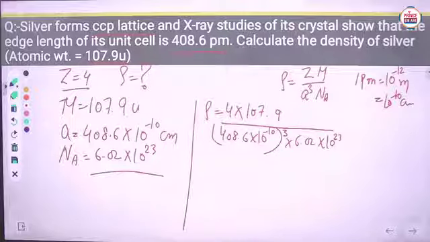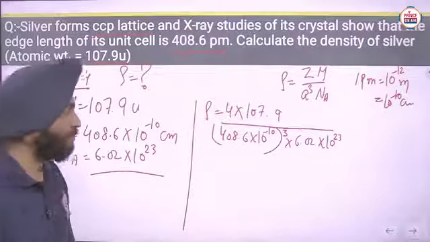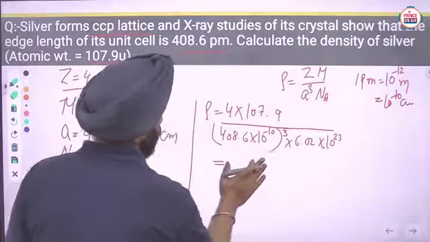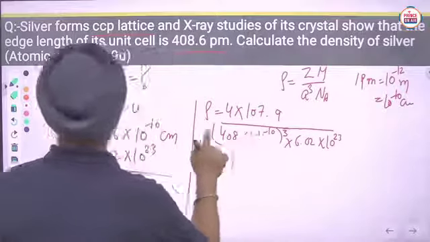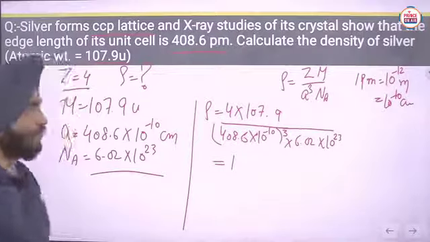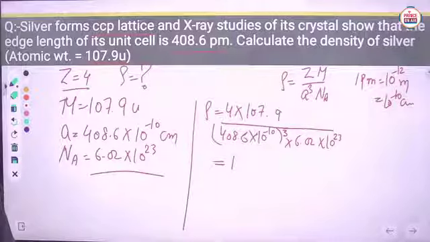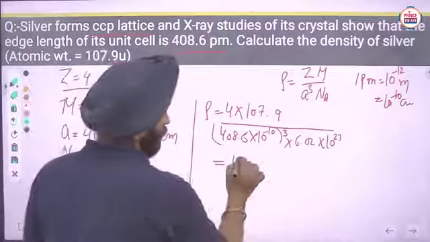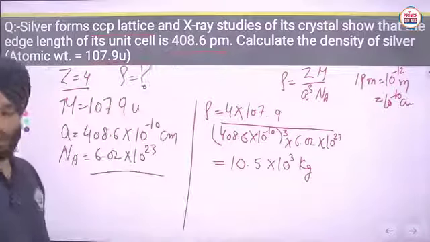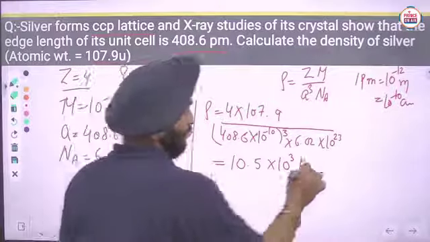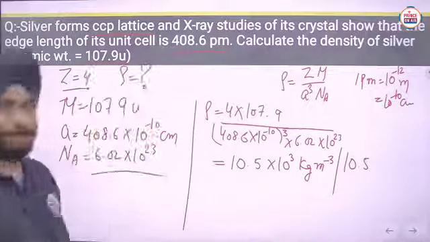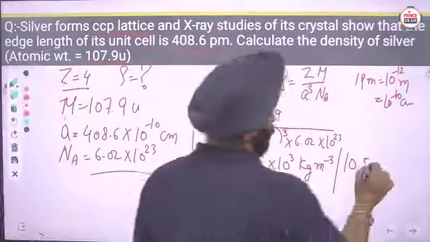So the answer will come out to be 10.5. 4.86 into 10 raised to the power minus 10. Okay, so the answer will come out to be 10.5 into 10 raised to the power 3 kilogram per cubic meter, or you can say 10.5 gram per cubic centimeter.